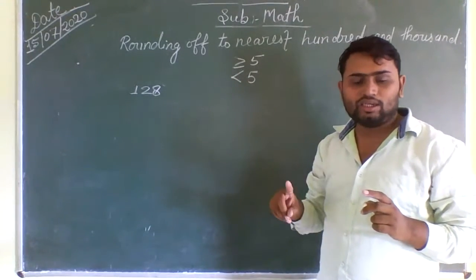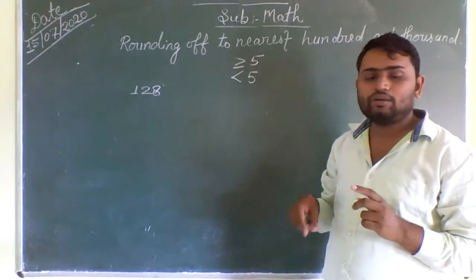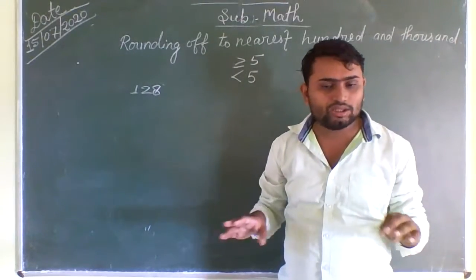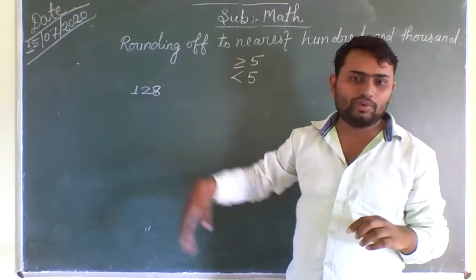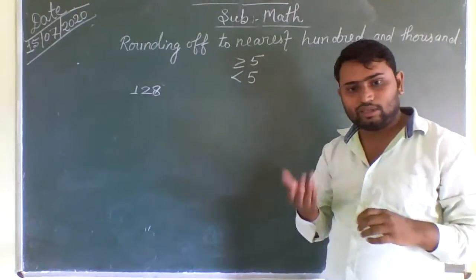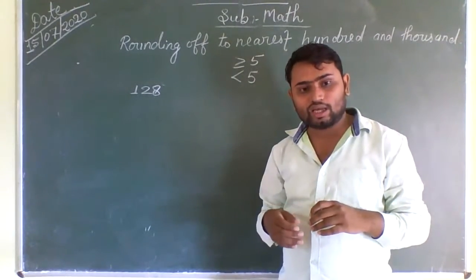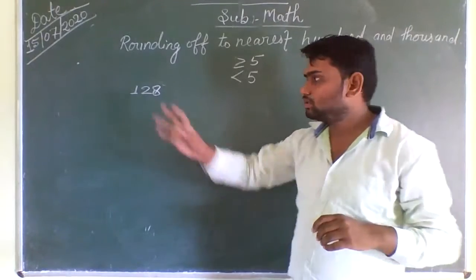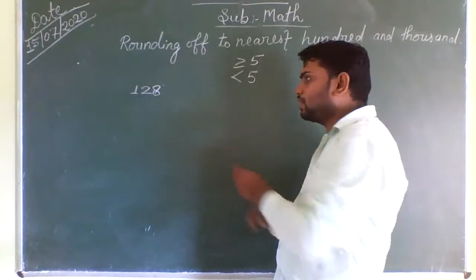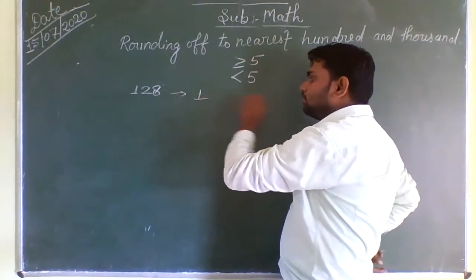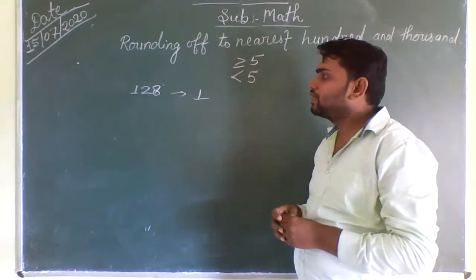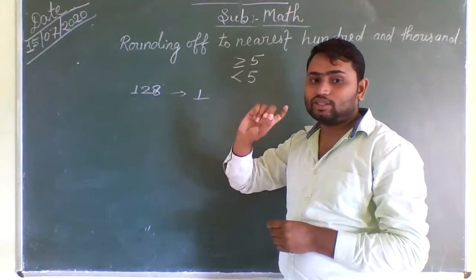Then in the second condition, if the number is less than 5, we will make no change to the digit at hundreds place. So we will write it as it is. Here it is 1, so we will write 1. Now what was the next step?